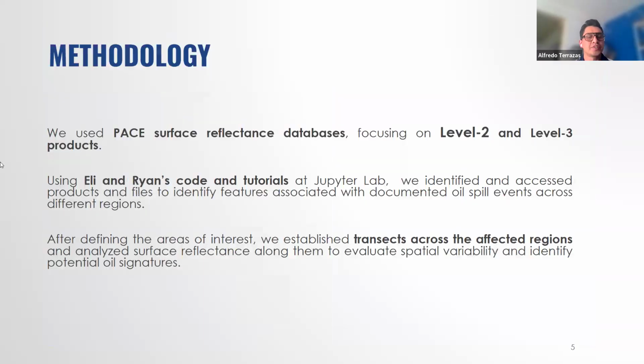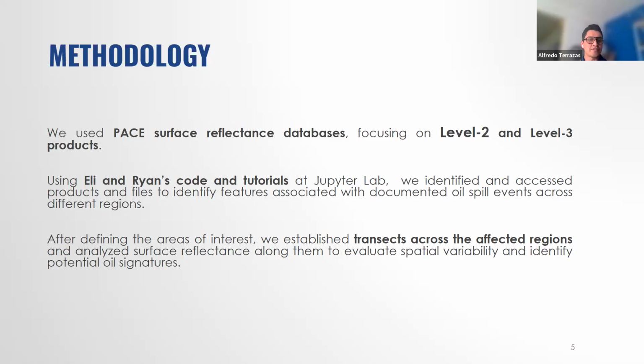So the methodology we chose was obviously using PACE reflectance data. We focused on level 2. We also worked with level 3 products, but we were moving from one to another after we managed to find some signatures on level 2 data.